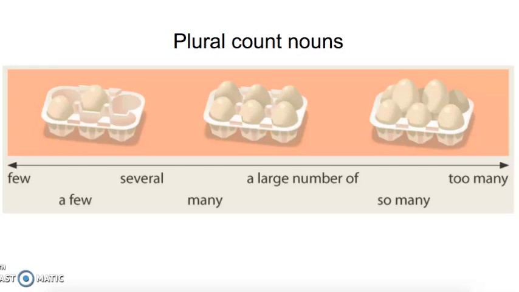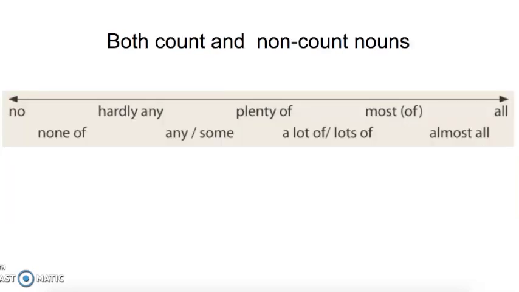Can you think of other plural count nouns that you can use these quantifiers with? Have a little think. Look at the diagram. These quantifiers can be used for both count and non-count nouns. Have a look at these quantifiers and see if you can put them into a sentence.